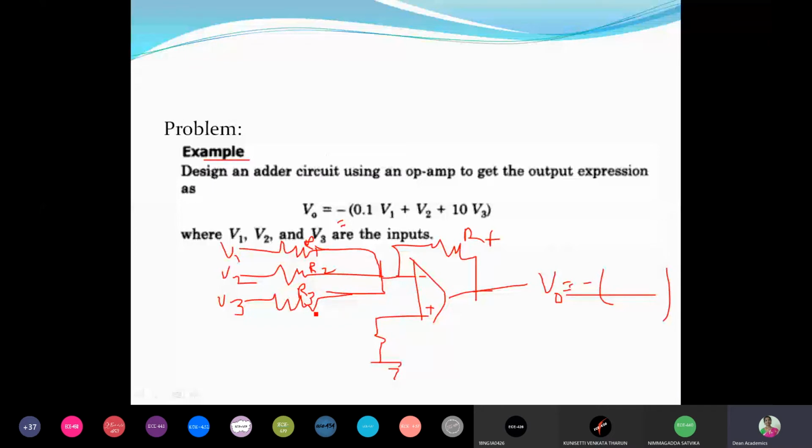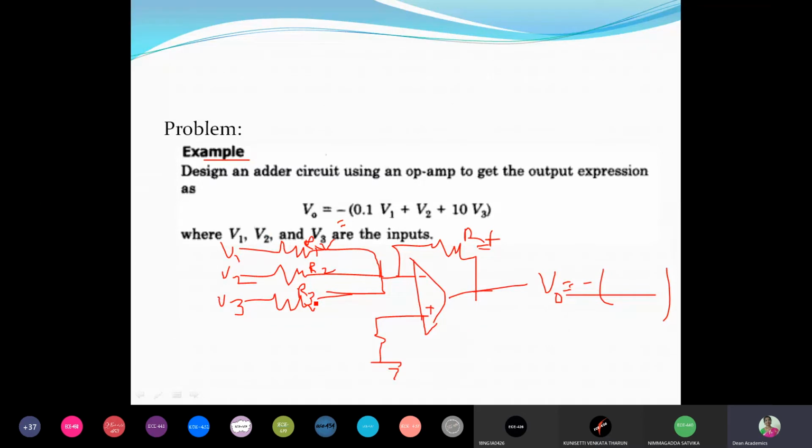Now, what do you mean by designing an amplifier circuit or an adder circuit or any circuit? Design means you are going to identify the values. The op amp, you are not going to do anything, right? It is already a designed op amp. You are using that op amp. So what should be the value of RF that you have to select? What should be the values of R1, R2, R3?